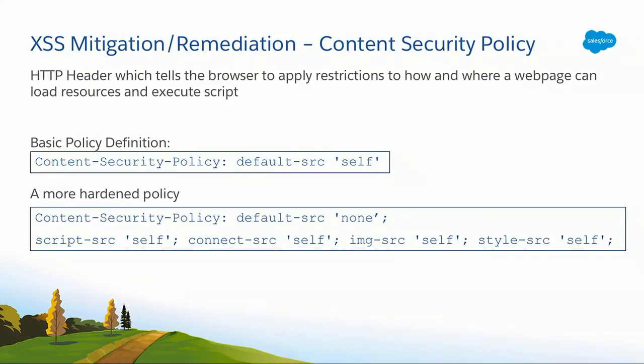There's no inlines or evals for scripts and style resources. This more hardened policy at the bottom allows images and scripts and AJAX and CSS from the original same domain only, but doesn't allow any other resources to be loaded, like objects, media, files, things like that. So this is another way to deal with it.